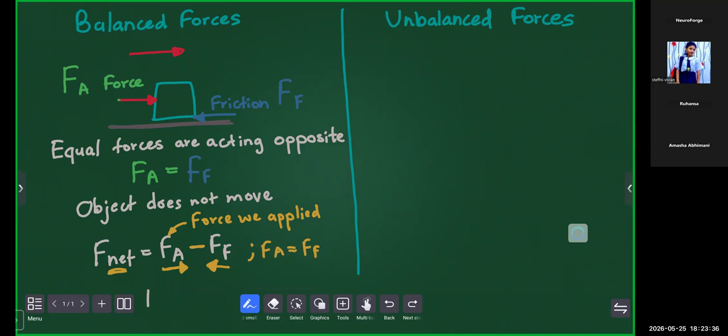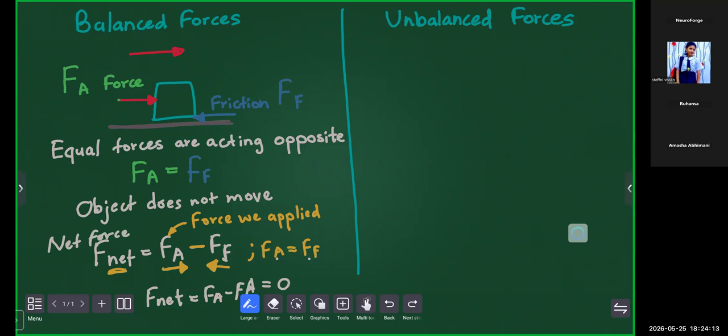F net equals FA minus FA, because the frictional force is equal to the applied force, which means this becomes 0. So the net force becomes 0. What about the unbalanced forces?